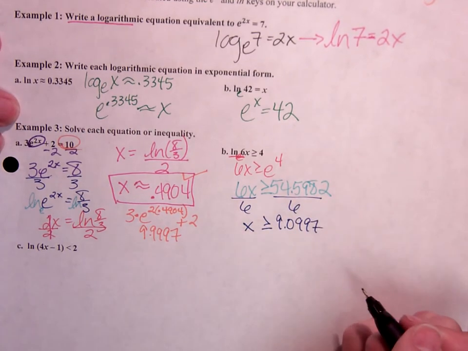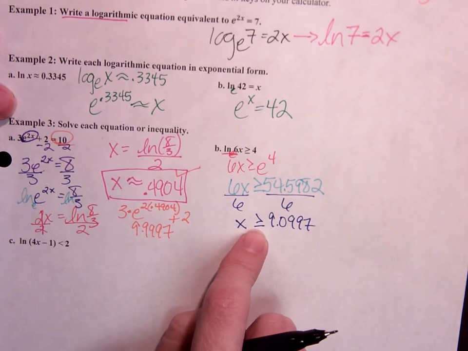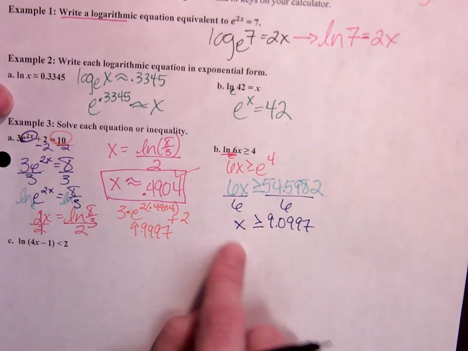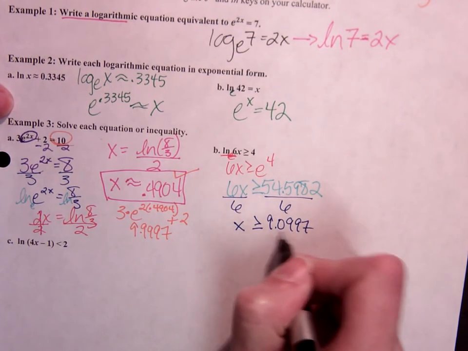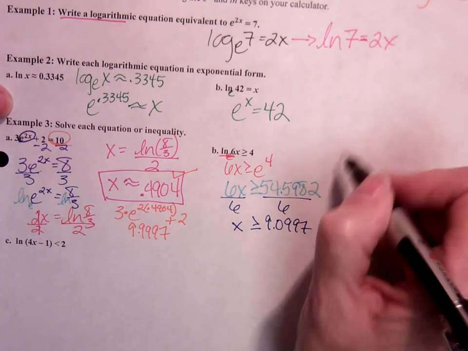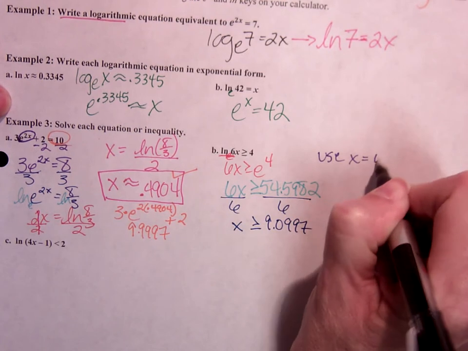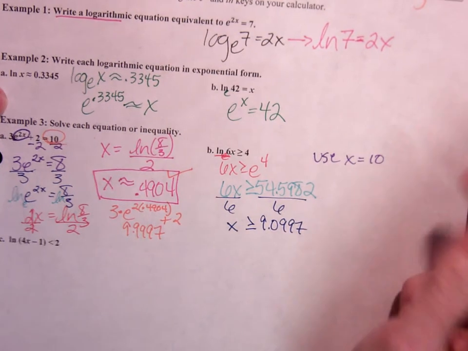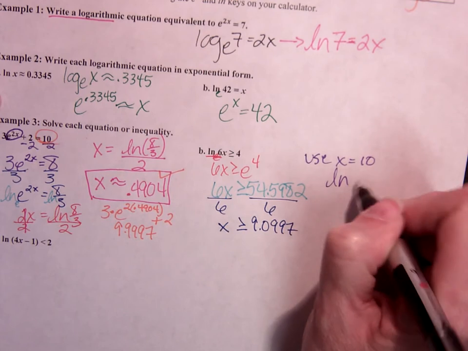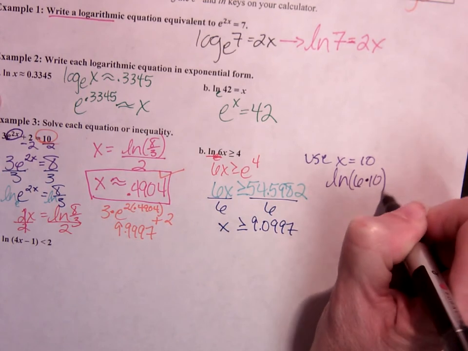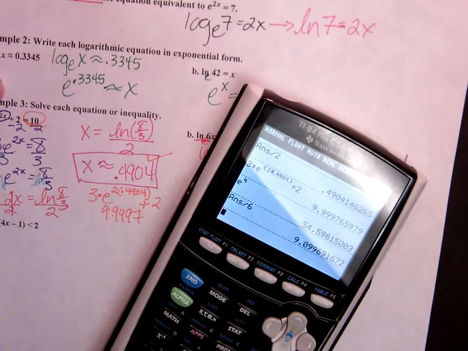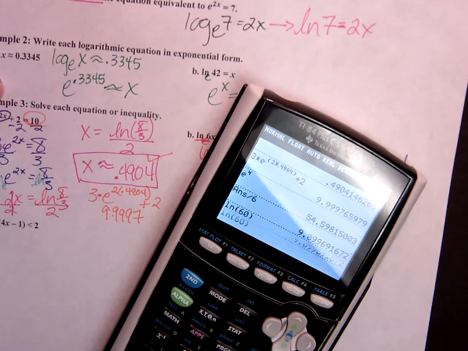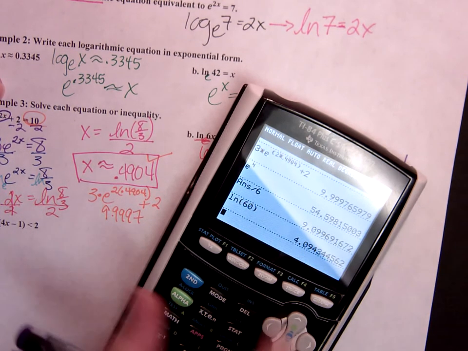And remember, if I want to check to make sure that my inequality is facing the right way, I'm going to pick something that's slightly greater than this. So we're going to use x equals 10 because it's greater. When I plug that in, natural log of 6 times 10, is that greater than or equal to 4? Well, the natural log of 60 is 4.09.